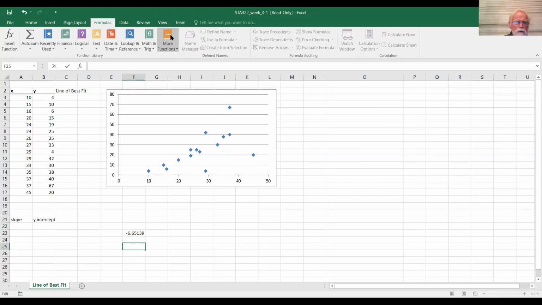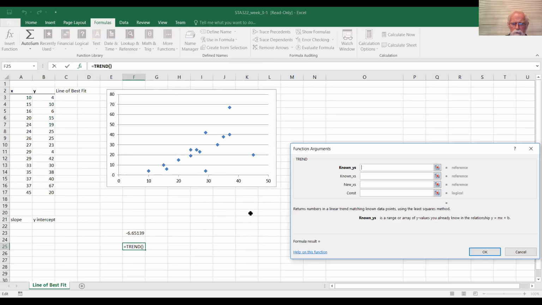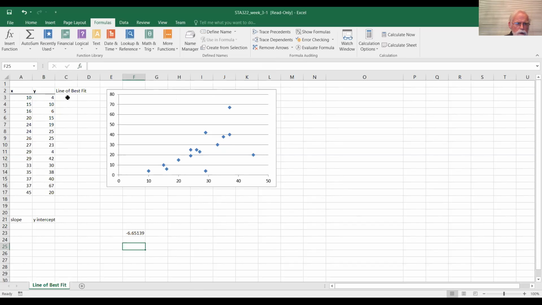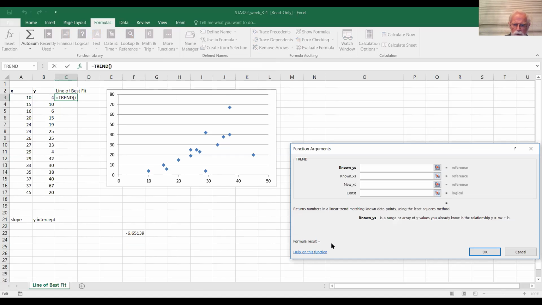If we go here and use trend, we'll go over to the statistical functions, take trend. So we have our known Y's. No, we don't want to do it that way. Cancel. We want to go over here and do trend. Again, it doesn't give you a very good idea as to how to use this. And the help function in this is useless as far as I can see.